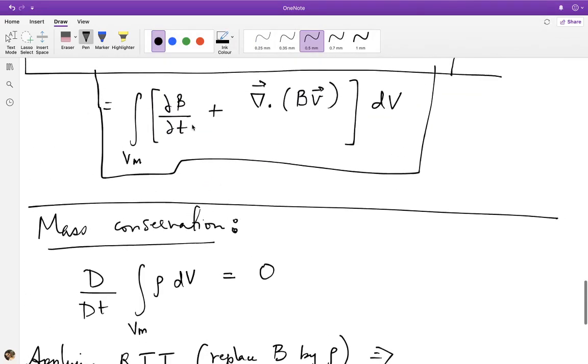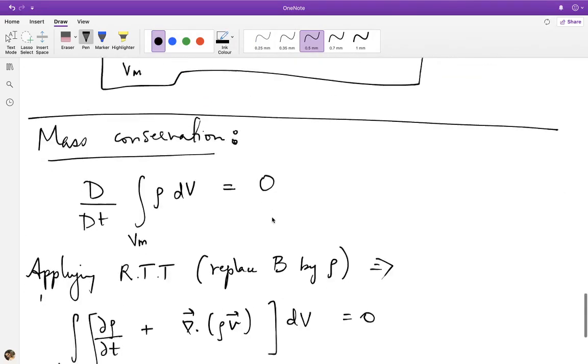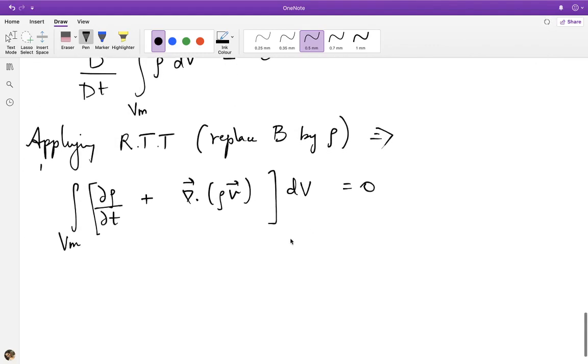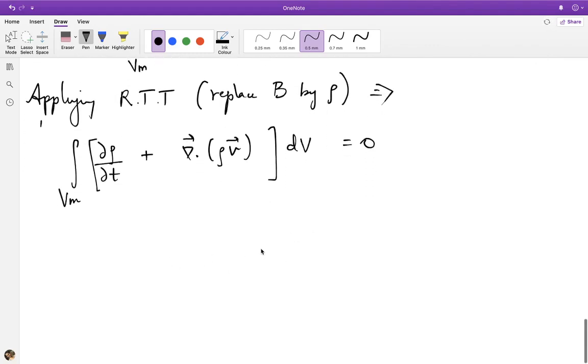Let's just confirm that. Right, so we just replace b by rho, we get the statement. Alright, so this is still an integral equation.